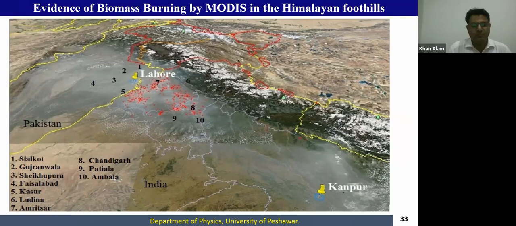This region is nearby Lahore, and it is agricultural land of India, where the farmers normally grow rice, and after harvesting the rice, they burn the residue. That's why the smoke is created, and it spreads thousands of kilometers from this region, and it covers the major part of Pakistan, particularly Punjab, and also spreads in the northeastern part of India as well.